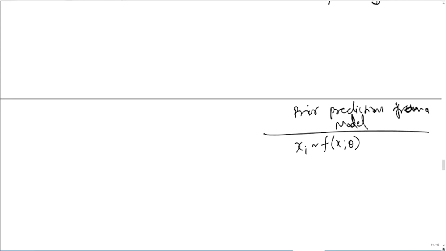In our example, it was a log normal distribution, right? So this is your likelihood assumption, or you can call it data generative assumption, okay?